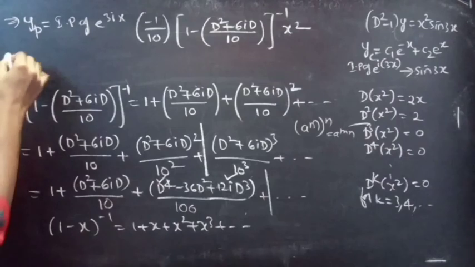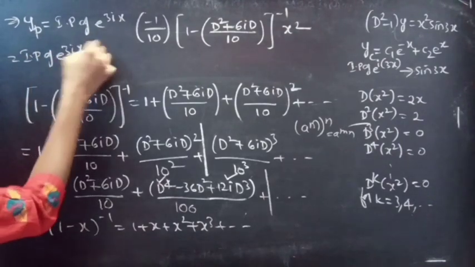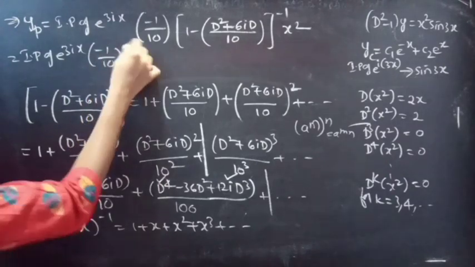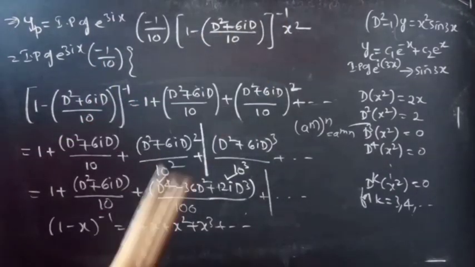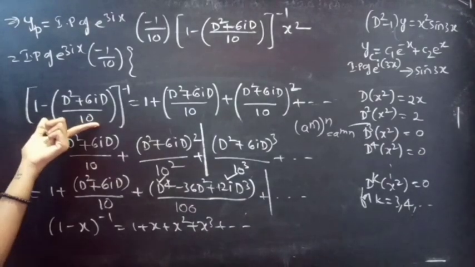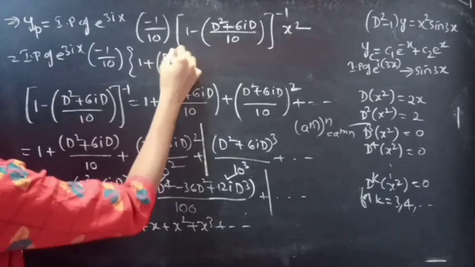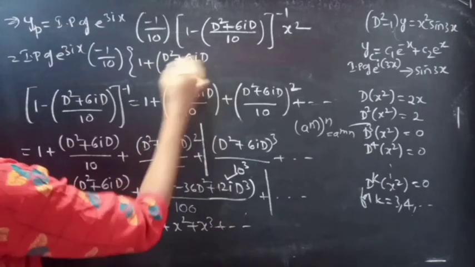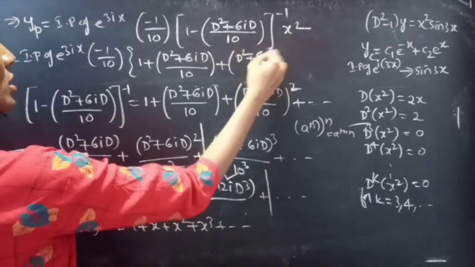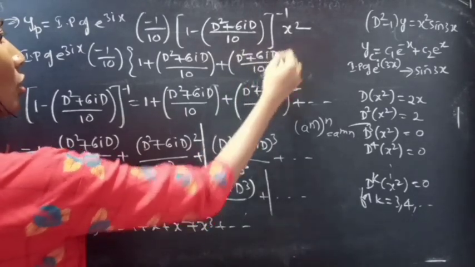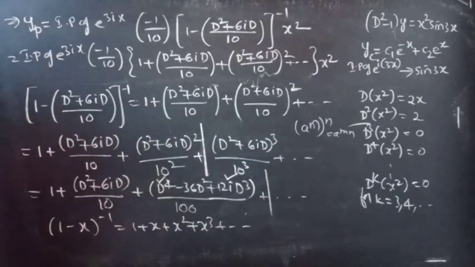Now coming to yp. Now I expand (1 − (d² + 6id)/10)⁻¹ into x². The expansion of this will be 1 + (d² + 6id)/10 + ((d² + 6id)/10)² + so on, into x². Right?